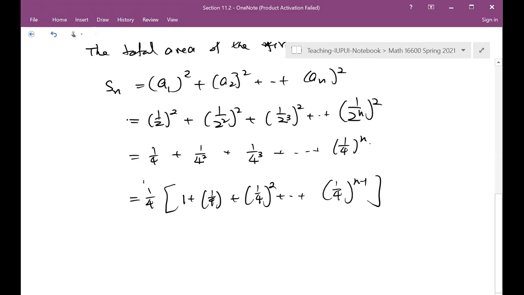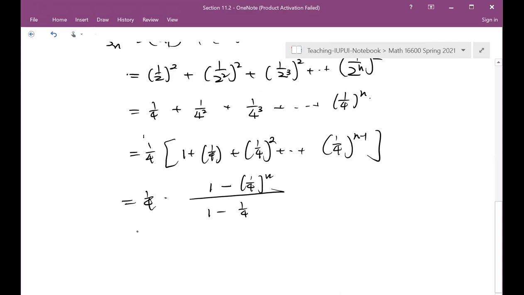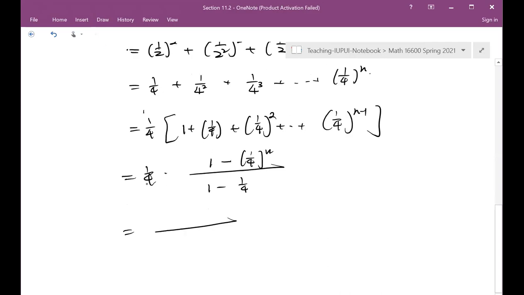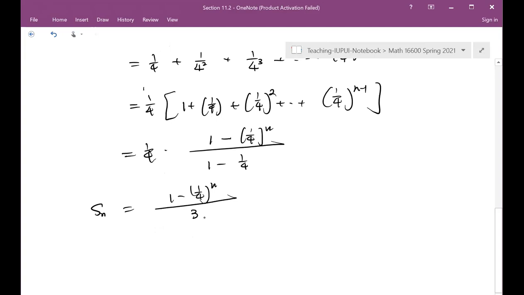So the formula says that it is going to be (1 minus (1/4) to the n's power) over (1 minus 1/4). Okay, so if we combine into this, and the denominator right now, after simplifying, 4 times 1 minus 1/4 is just 3. Okay, because of 4 minus 1. Right. Okay, so the sum of the first n squares is going to be this number.